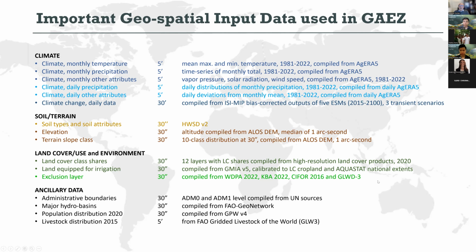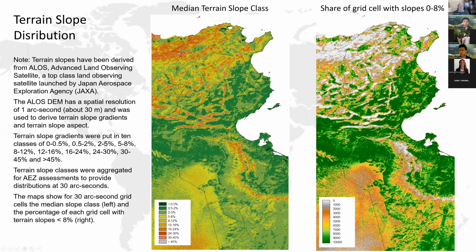To give you an example of what terrain slope distribution looks like nowadays in the Global Agro-Ecological Zones system: as I said, the terrain slopes have been derived from ALOS data, Advanced Land Observing Satellite, which was launched by the Japan Aerospace Exploration Agency, has a spatial resolution of 1 arcsecond, which is about 30 meters, and was used to derive terrain slope gradients and terrain slope aspects.